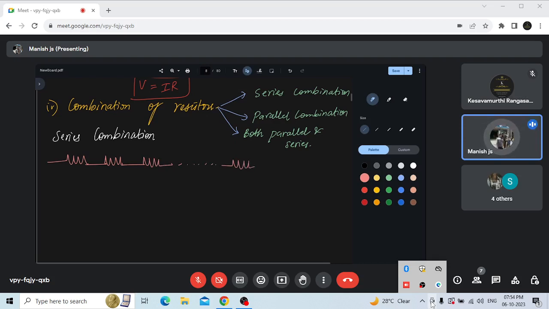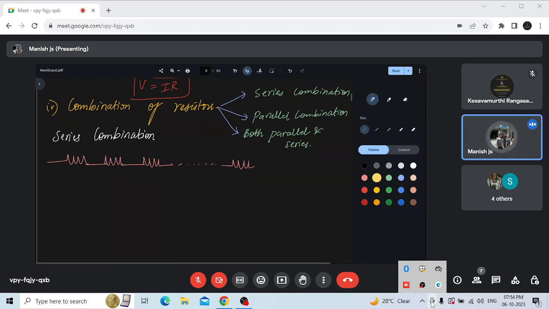So we say resistors are in series if they are connected one after the other. Okay. So one after the other, next to next, just like beads in a thread. We have seen how the beads are arranged in a thread, right? So that's a classic example of series combination.